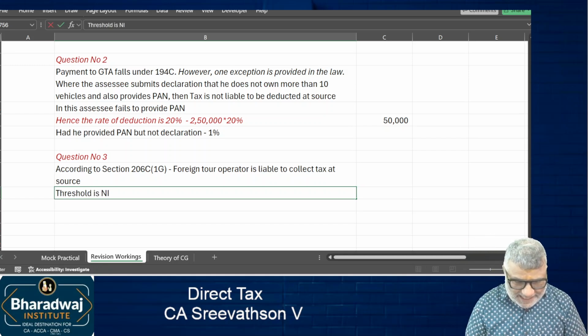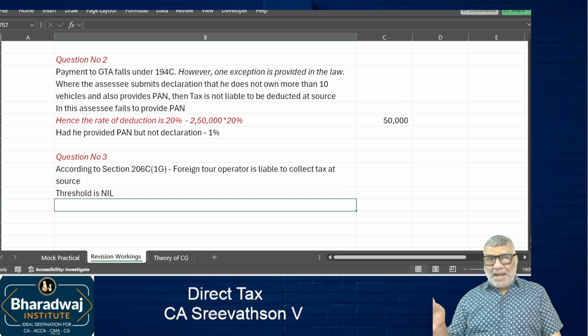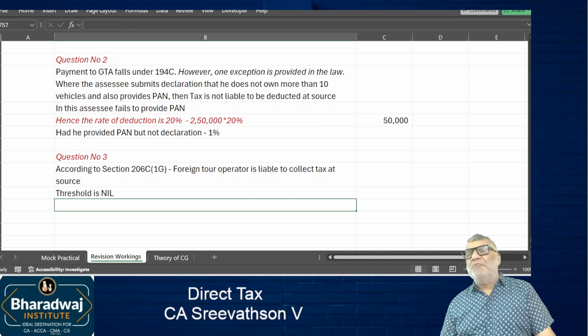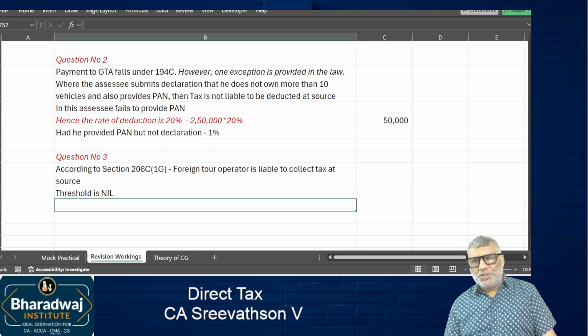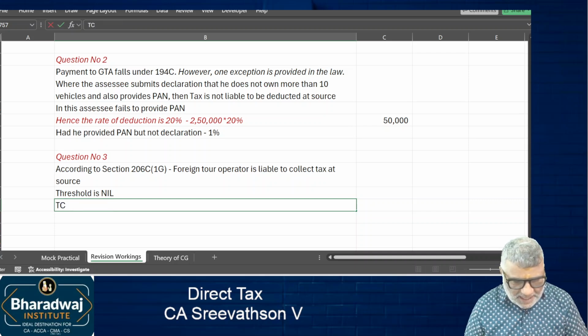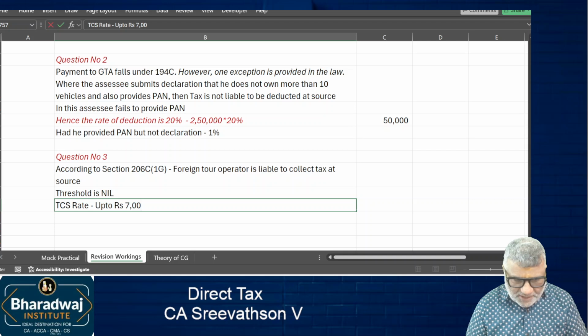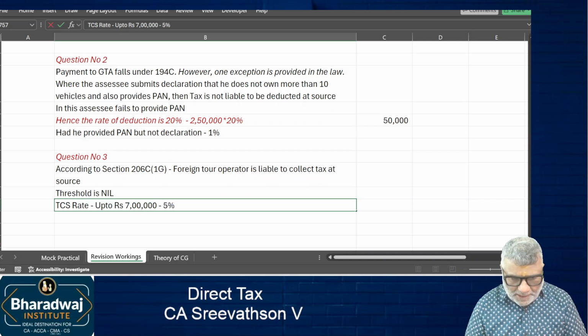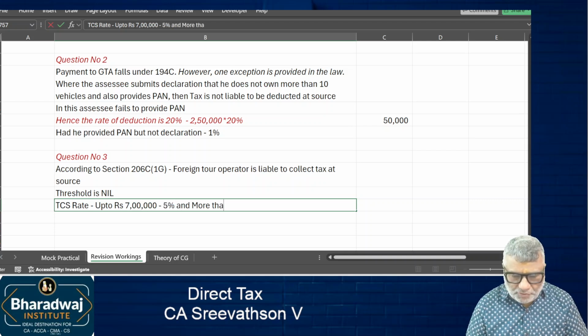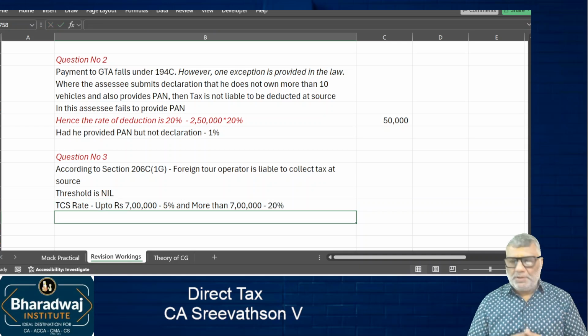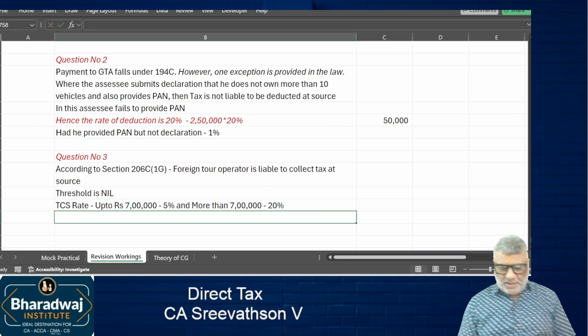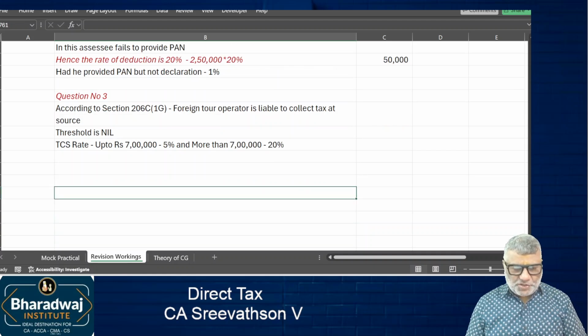Threshold is nil. Even if it is for Sri Lanka, 50,000 rupees, I am liable to collect tax at source. TCS rate up to 7 lakhs is 5%, and more than 7 lakhs, 20%. TCS rate is very high in these cases.